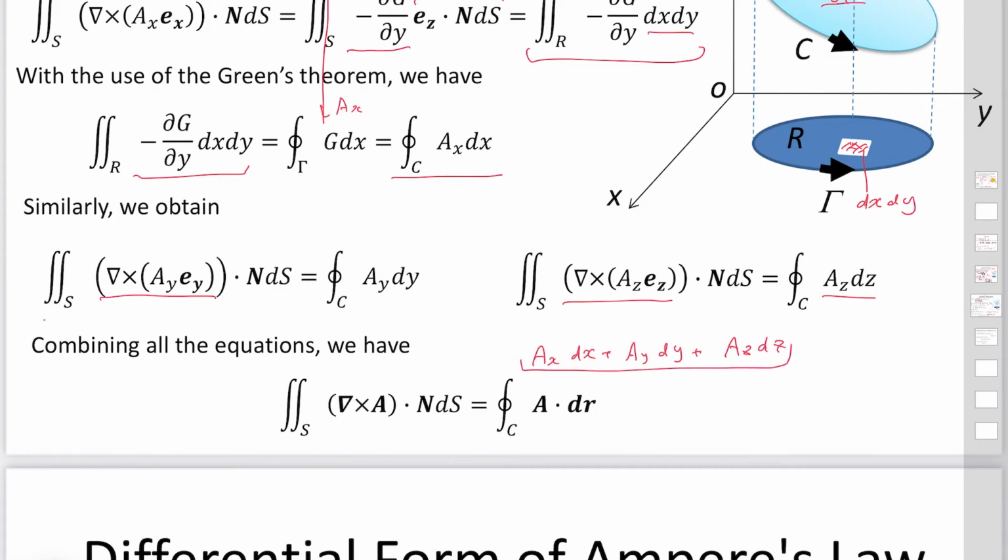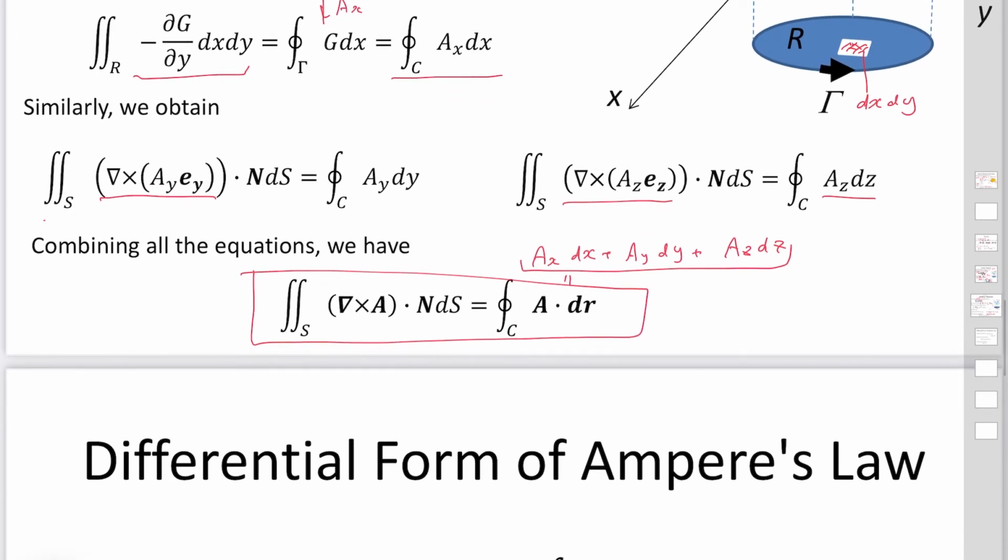This is expressed with the scalar product A dot dr. So we have a very important formula. We call this Stokes' theorem. Stokes' theorem converts the surface integral dS to the line integral dr. It is an important theorem for converting from the surface integral to the line integral.